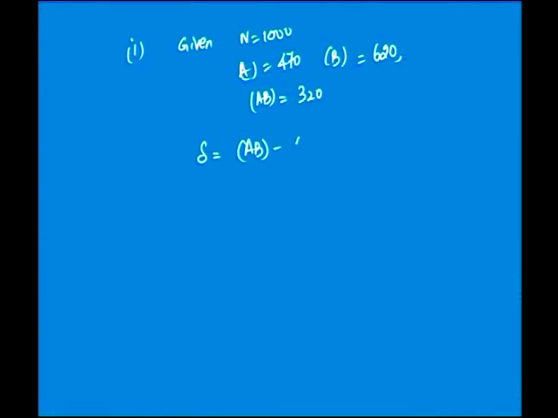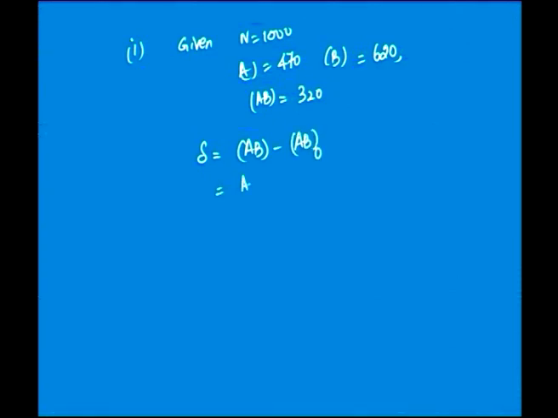For the first case, given N is equal to 1000, A is equal to 470, B is equal to 620 and AB is equal to 320. So, the delta formula is AB minus AB naught.